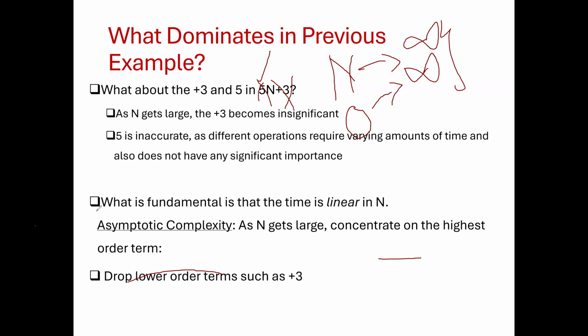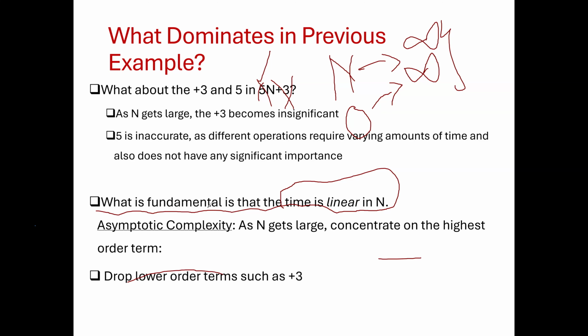What is fundamental is that the time is linear in n. The number of operations, the amount of time this algorithm will need to solve a problem, will grow in linear proportion to n. It will also be trending towards infinity.